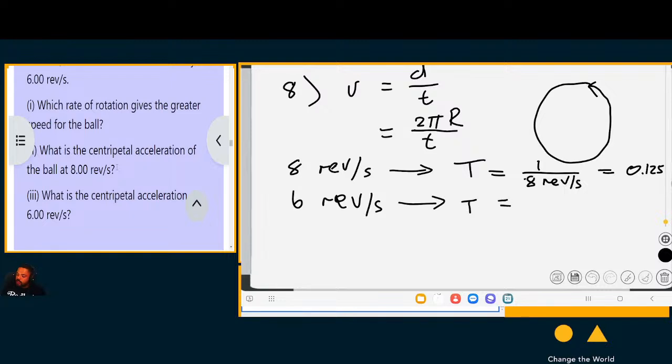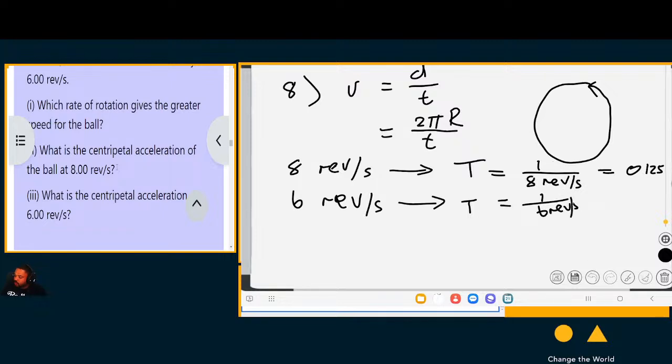So the time it takes for 6 revolutions per second is 1 over 6 revs per second. By the way, this is 1 revolution over 8 revolutions per second, and 1 revolution over 6 revolutions per second. You don't have to write the revolutions part.